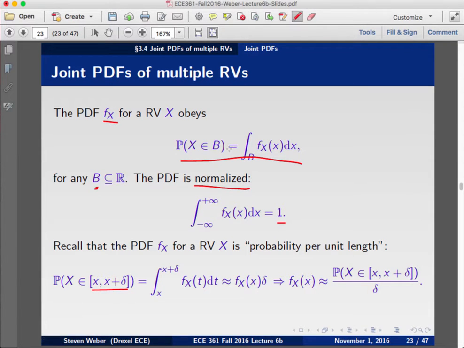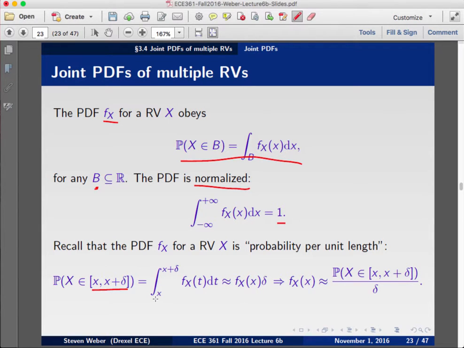So using this definition up here, the probability that the random variable x is in that interval x to x plus delta is the integral from x to x plus delta of the PDF over all t in that interval. Now, if you recall from calculus, we interpret the integral as a sum where we first segment the real line into increasingly small size subintervals, and we evaluate the sum, or the integral, as the sum of the heights of the rectangles that fit under the curve with widths equal to delta.